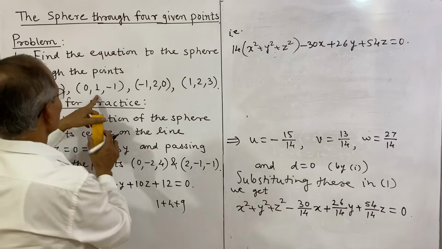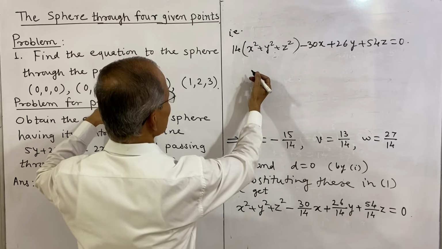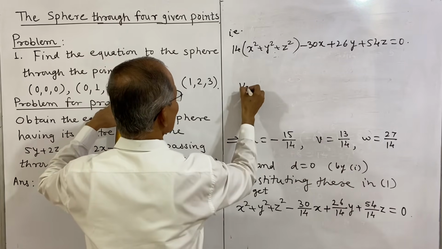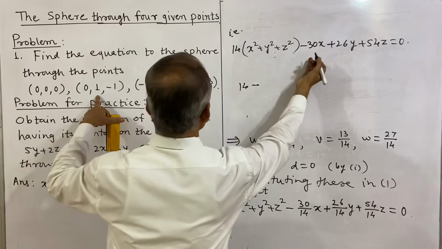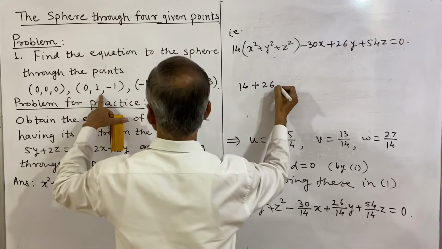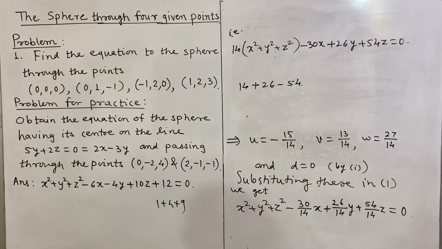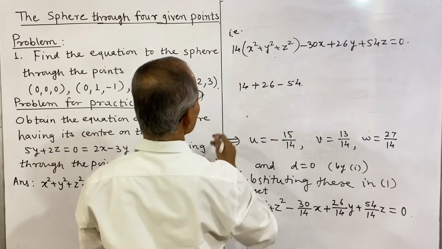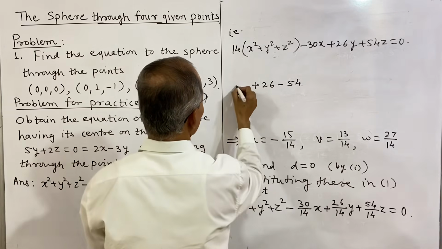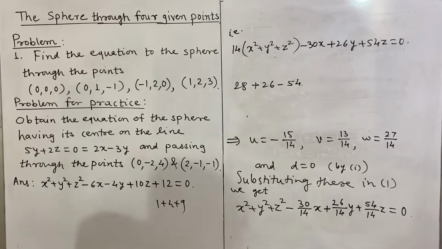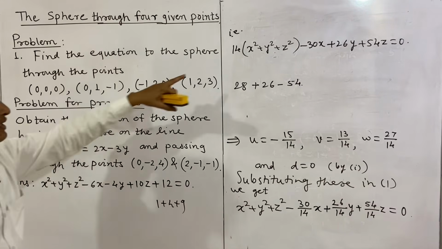For the point with x is 0, y is 1, z is 1, we get 14 times 1 plus 1, that is 14 into 2, which is 28, plus 26 minus 54, which is 0. So this point satisfies this equation.